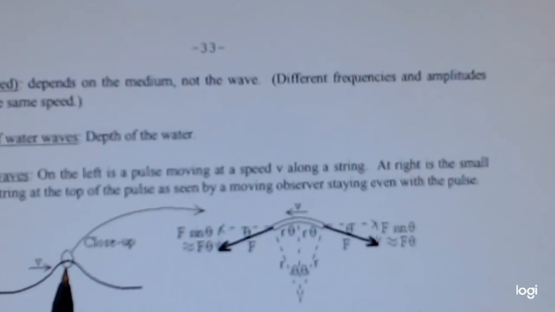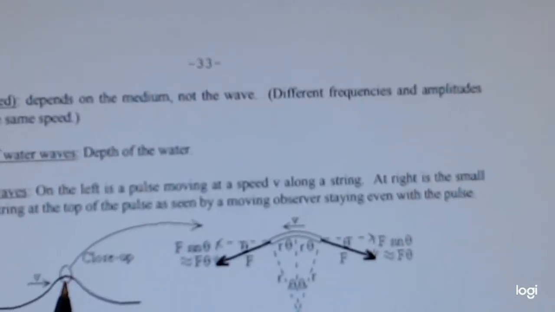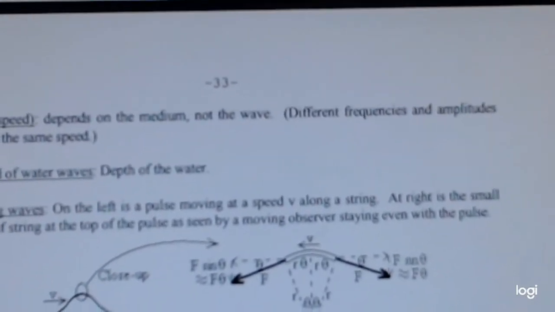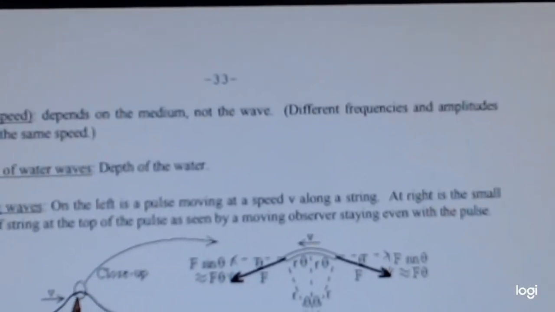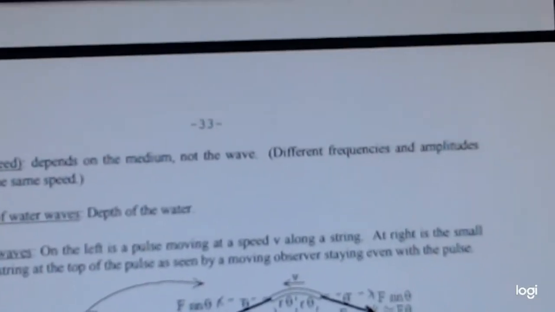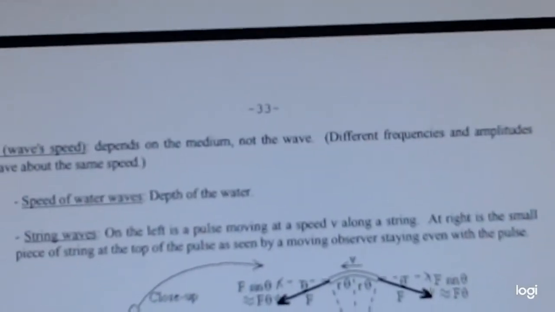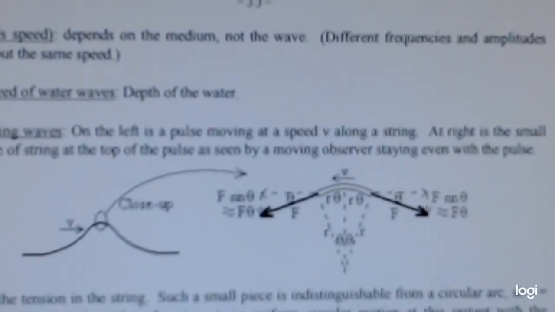seen from that point of view, as it passes over the top anyhow, it's basically in uniform circular motion. I mean, other parts over here are headed in other directions, but that little chunk right there at the moment is moving as if it were going around like that.